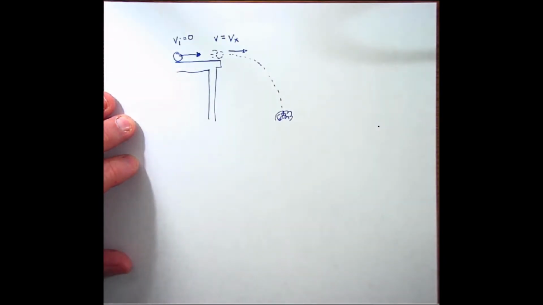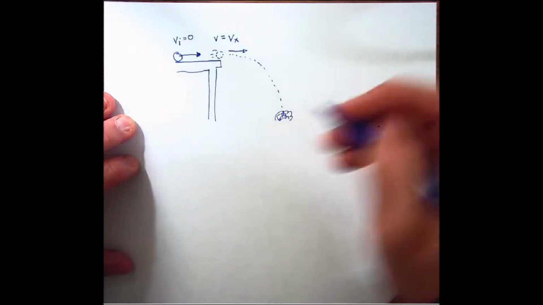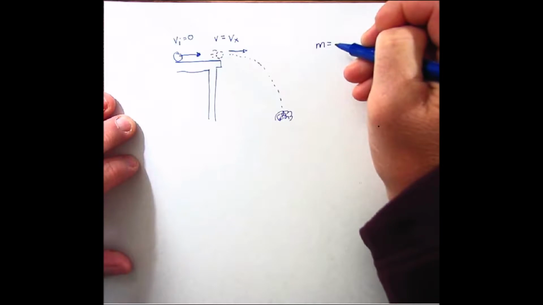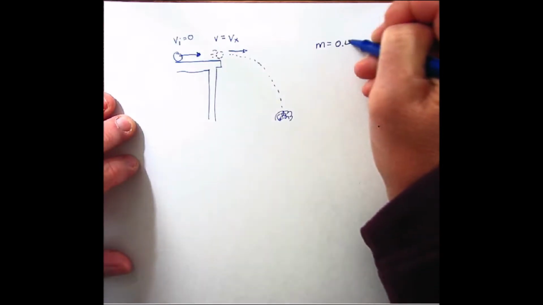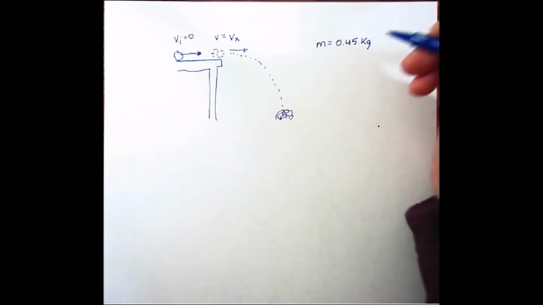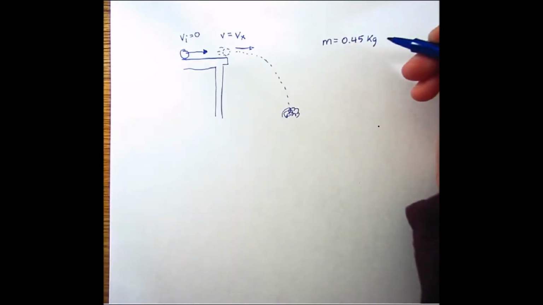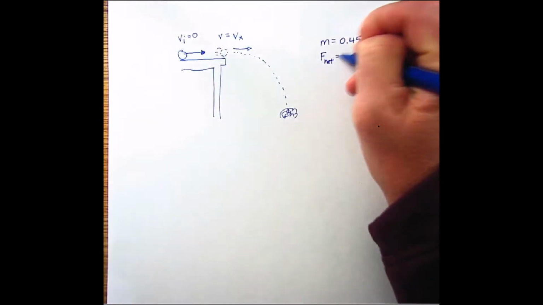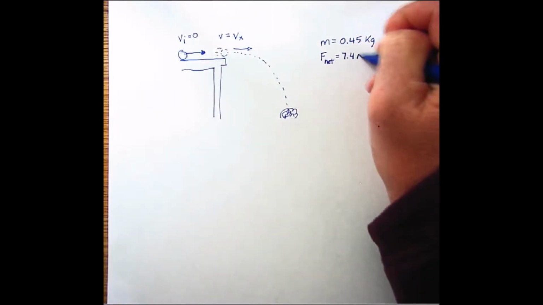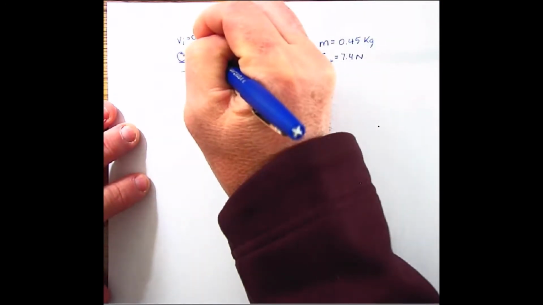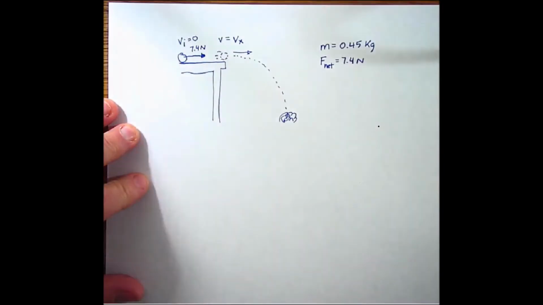So let's see here. The information that is given to me is that the mass of the ball is 0.45 kilograms. I also know that the net force that acts on the ball is 7.4 newtons. So in this diagram, I probably would label this force vector as 7.4 newtons.